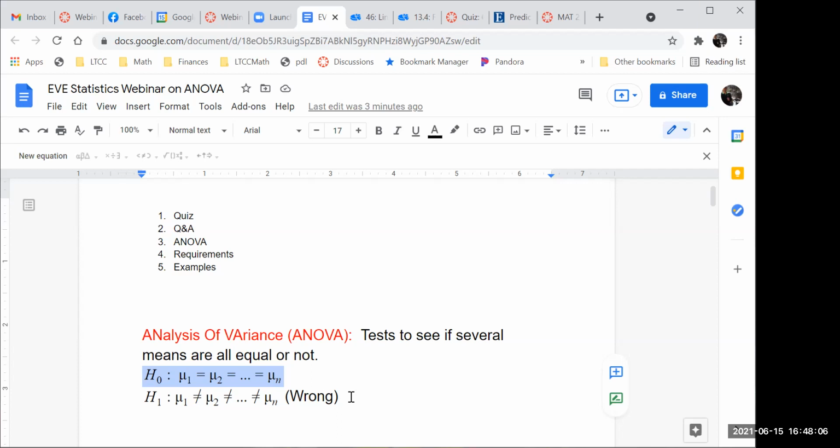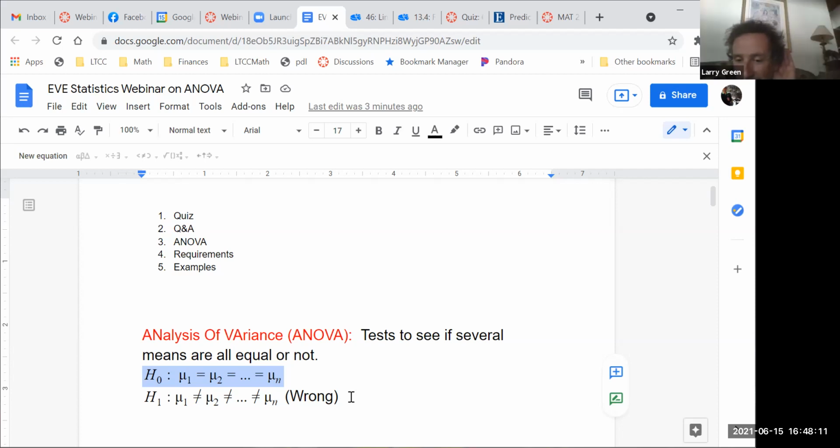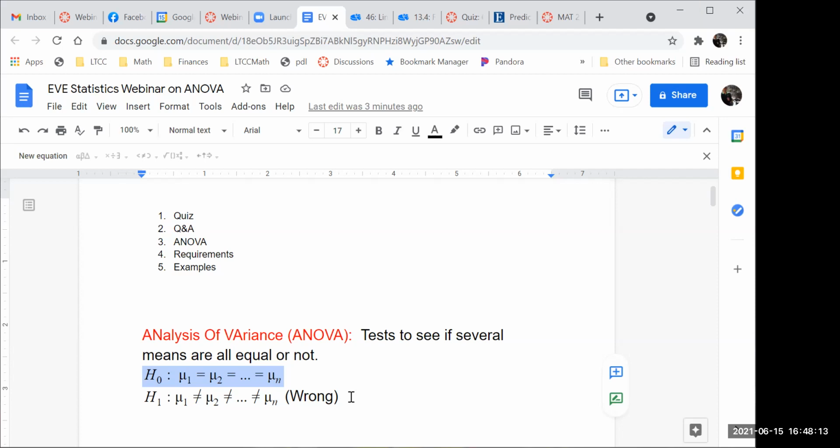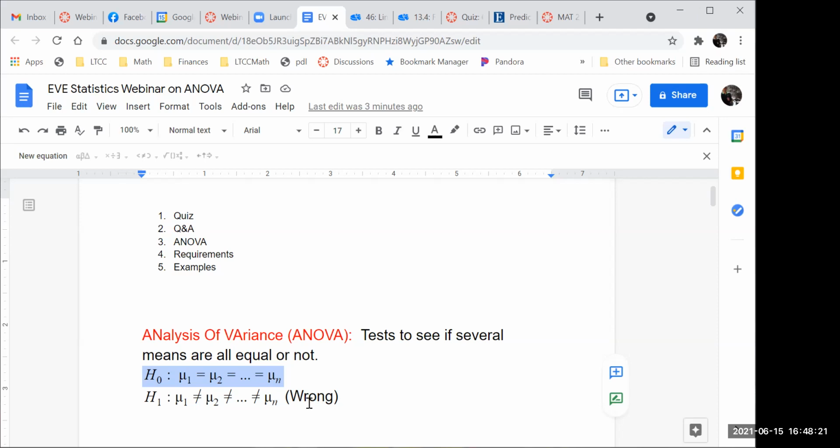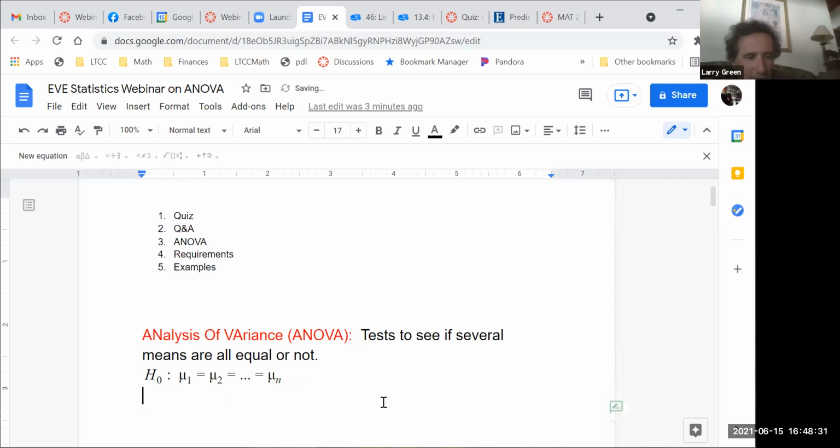Any thoughts? Means all equal. What's that? The population means aren't all equal. Right, but what does that mean specifically? Okay, let me write down H1.